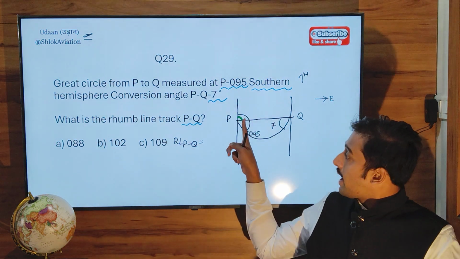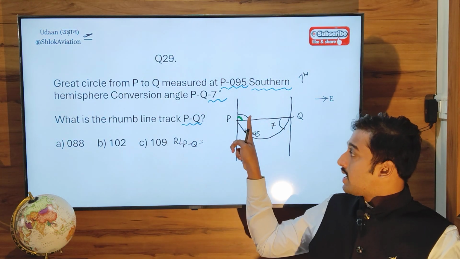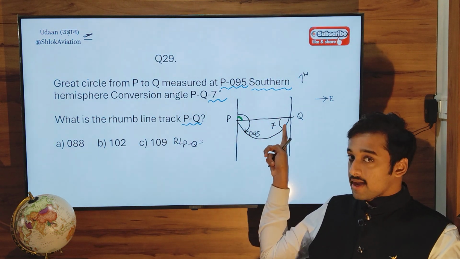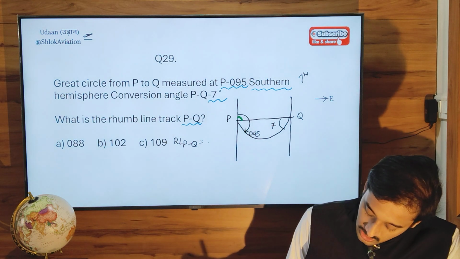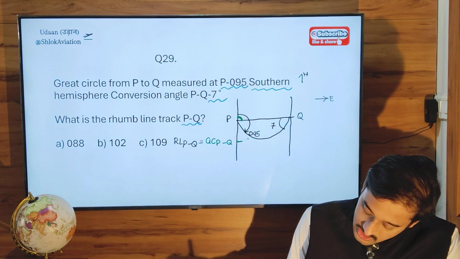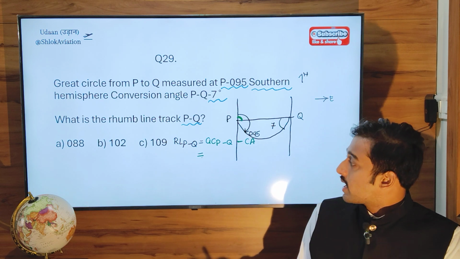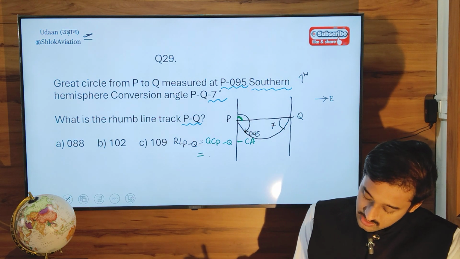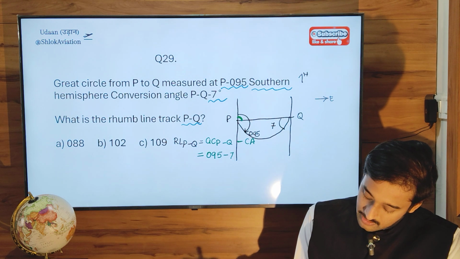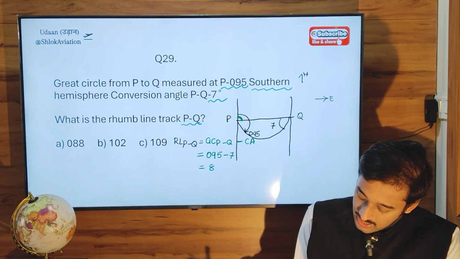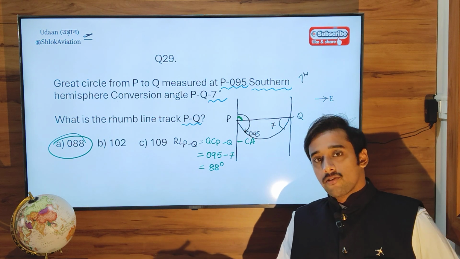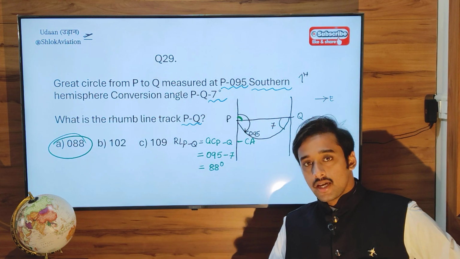Now this Rhumb line angle is the bigger angle, great circle P to Q minus this inside angle. So Rhumb line P to Q is great circle from P to Q minus convergency angle. So 095 minus 7 is 088 degrees. So the correct option is option A.